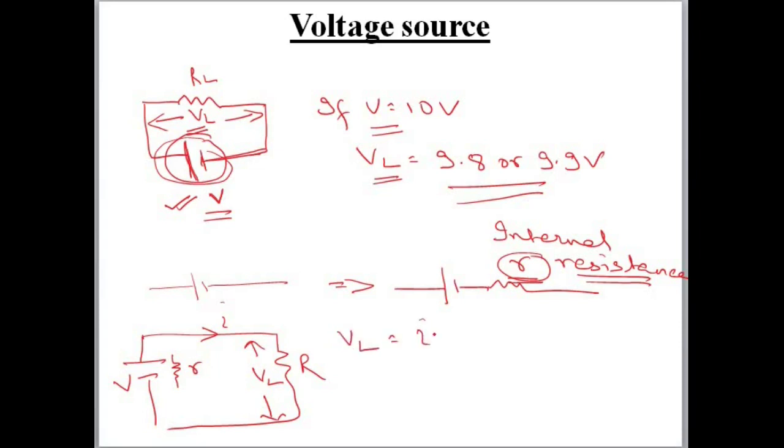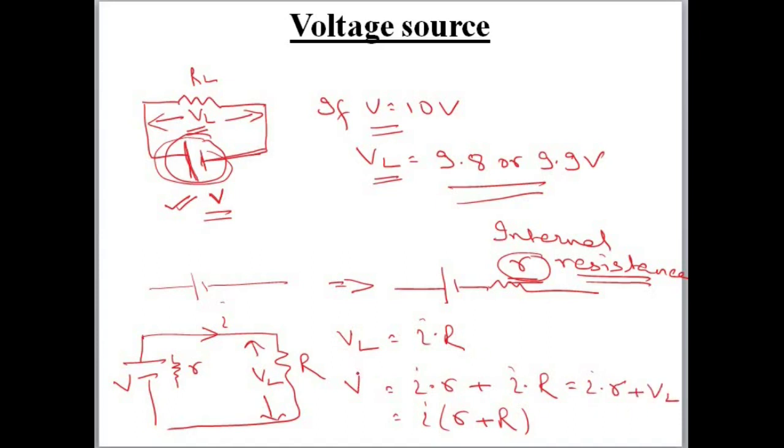So VL will be equal to I into R. What will be V? V will be equal to I into r plus I into R, or you can write I into (r plus R), or the same thing you can write as I into r plus VL.